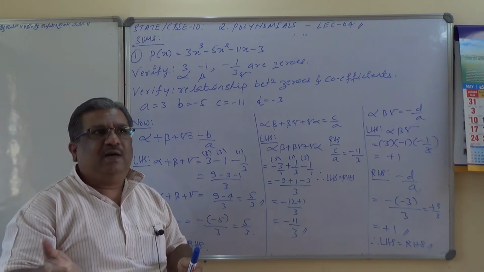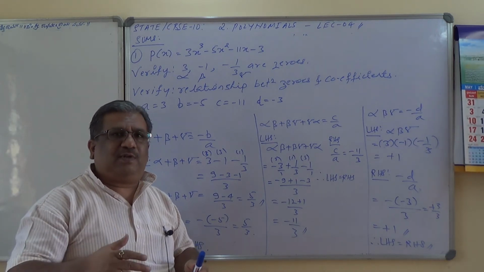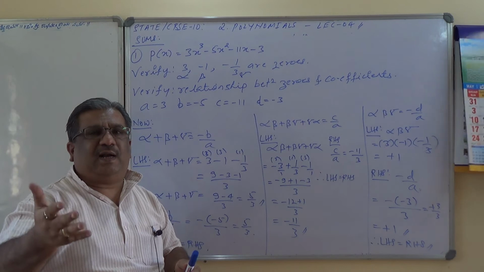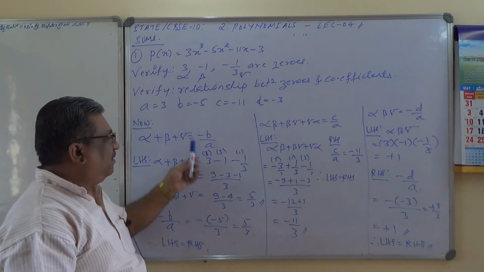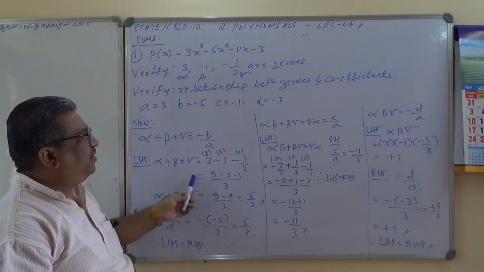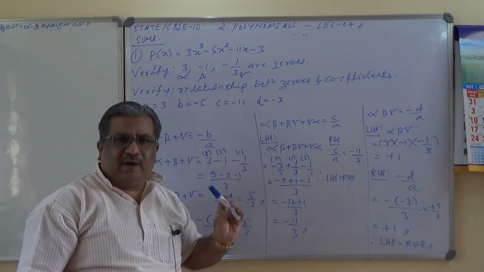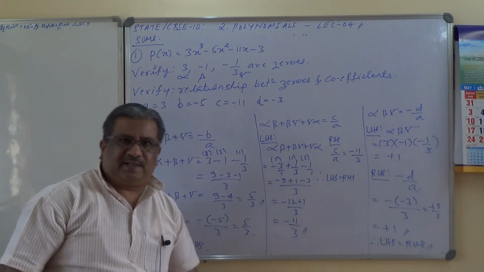You understand? So after verification of the roots, you can assign those values as alpha, beta and gamma, and finally you can verify the relationship between coefficients and roots in this way. Okay, I hope you have noted down. Note it down. I am taking the next sum.